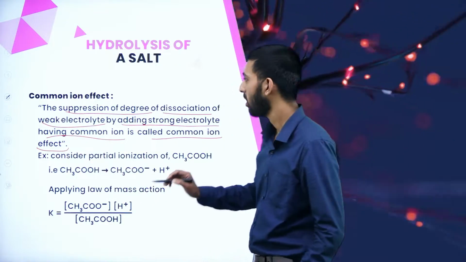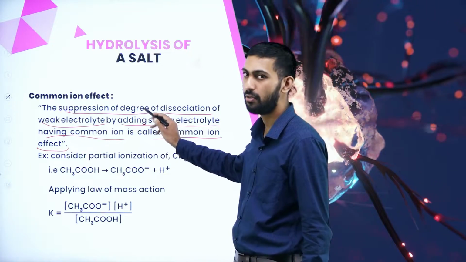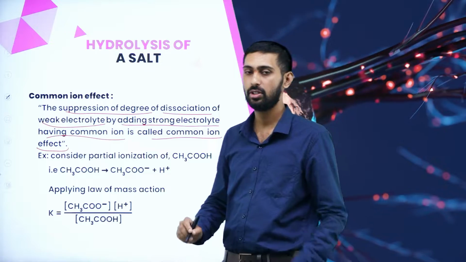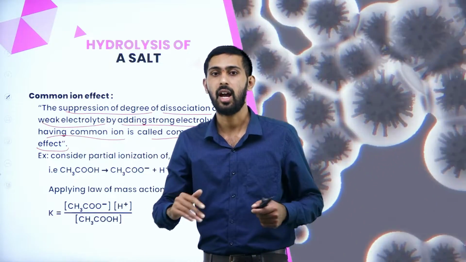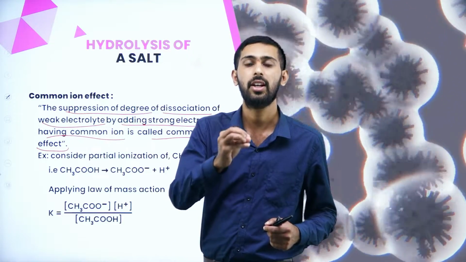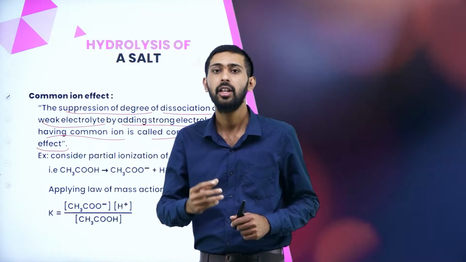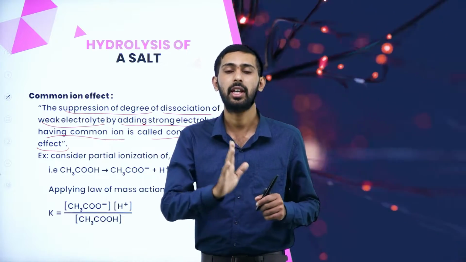First we will have one weak electrolyte and it gets dissociated. After some time you add a little amount of strong electrolyte to that. When you add a strong electrolyte, it should have a common ion with the weak electrolyte.